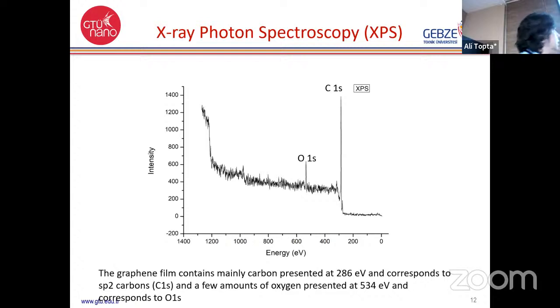And when we look at the XPS survey, we see that this material is dominated mainly by sp2 carbon, which presented itself at 286 electron volts. And after that, a few amounts of oxygen presented themselves at 534 electron volts.